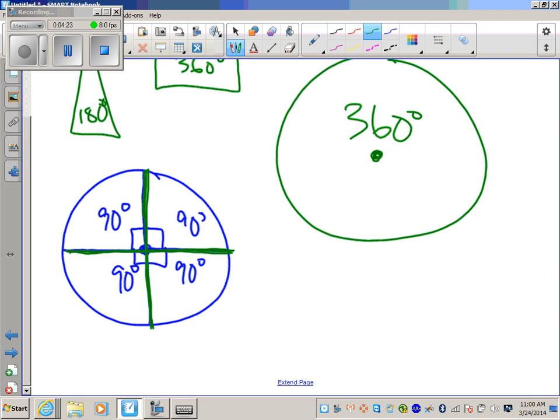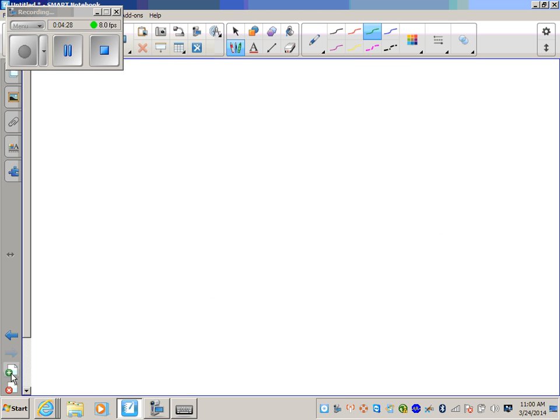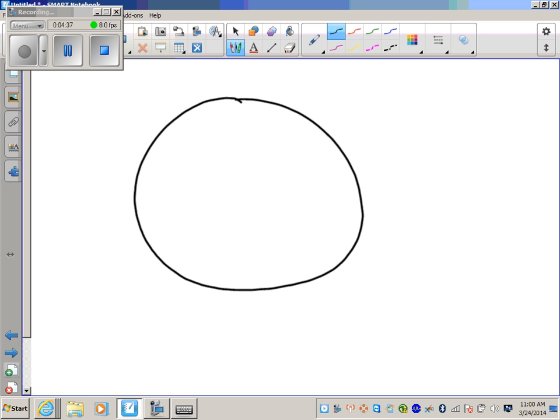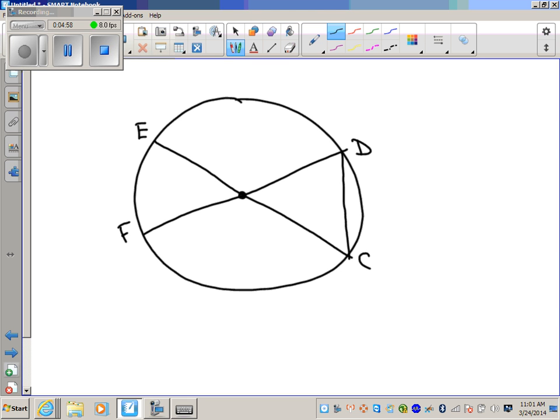Okay? Let's look at the guided practice and see if we can't figure out what some of these angle measurements are. Just trying to use some common sense, I suppose. Let's see. Drawn like that. E, F, D, C. They give us some other stuff here.